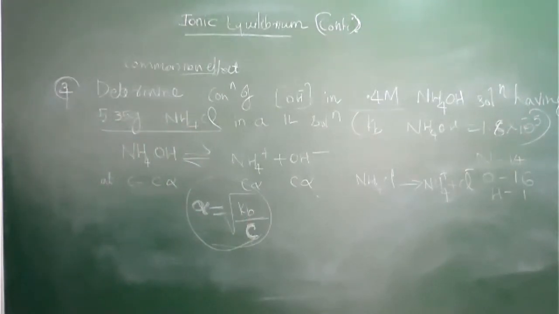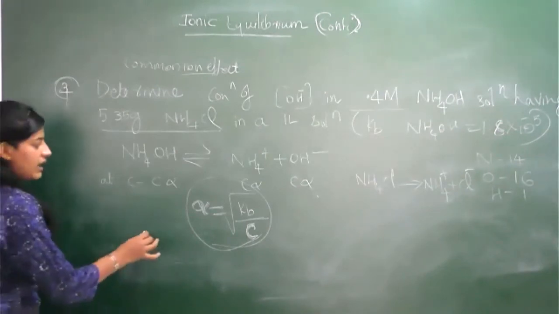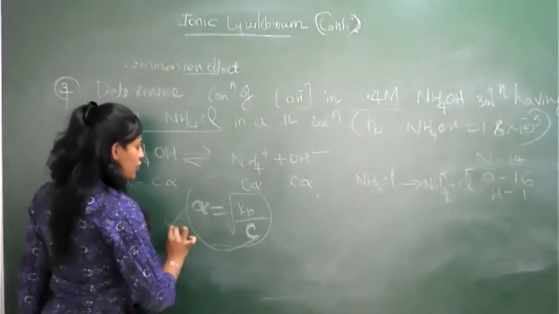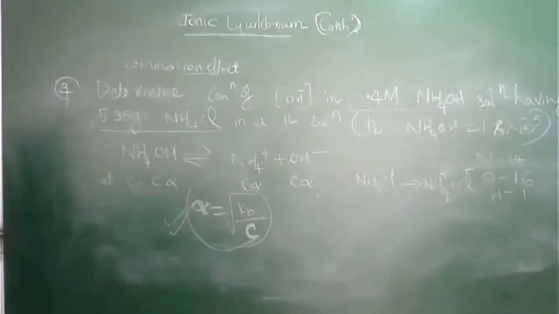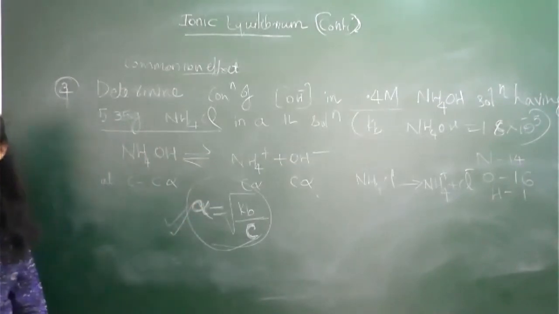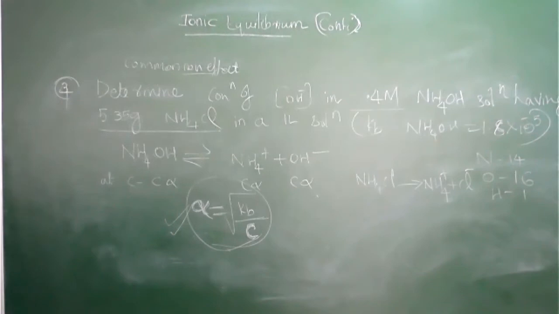The concentration term, the alpha term, we can't cancel. So for that purpose, we want to use this equation, that is Oswald dilution law, for finding out the alpha term. Direct substitution.